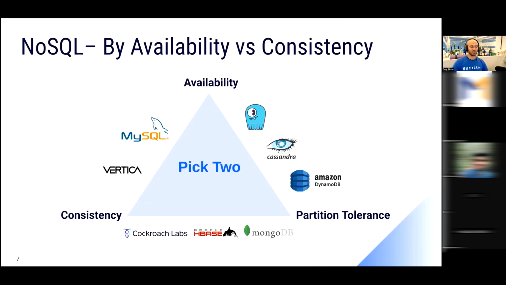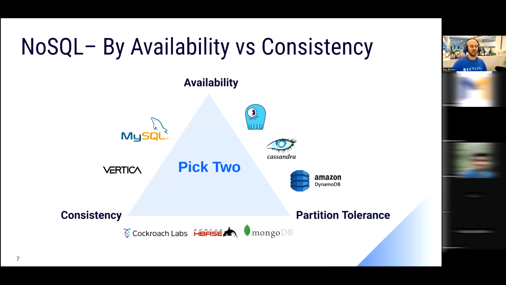Great. So I'm going to start with some overview about NoSQL databases in general and specifically about distributed databases. This is the CAP theorem. I'm assuming most of you are familiar with it. The CAP theorem states that with distributed databases, we have 3 attributes we try to optimize for.